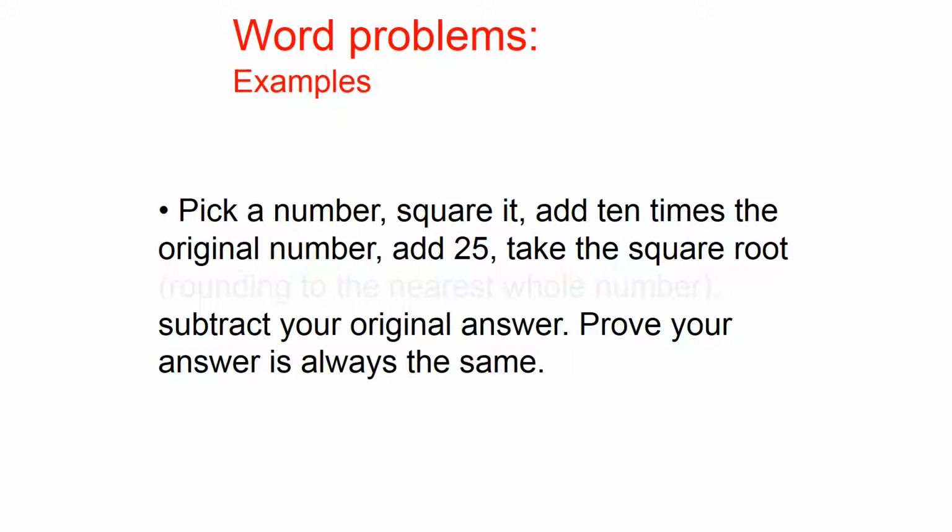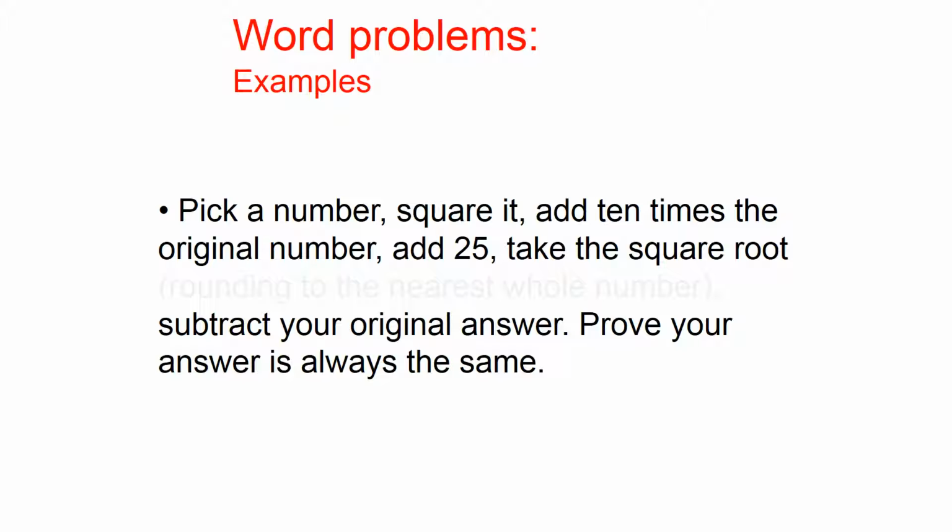Now we have to show that that will always equal 5. You can already see that this bit is starting to look familiar. We've got a quadratic in here. One of the things we could do is expand the brackets and see if some of this starts to go away.